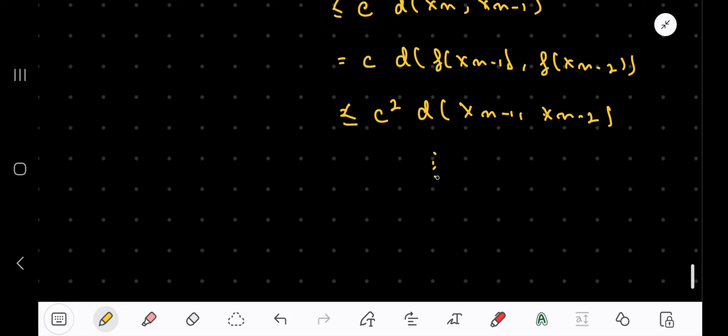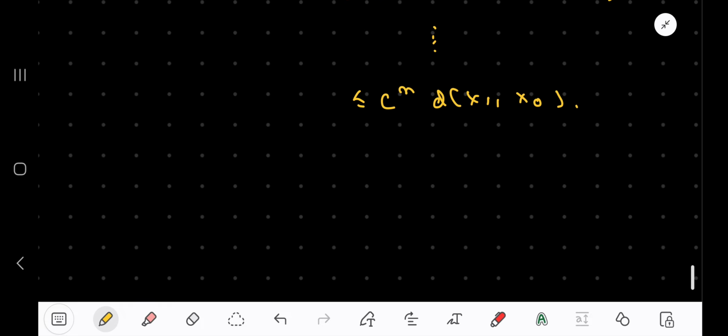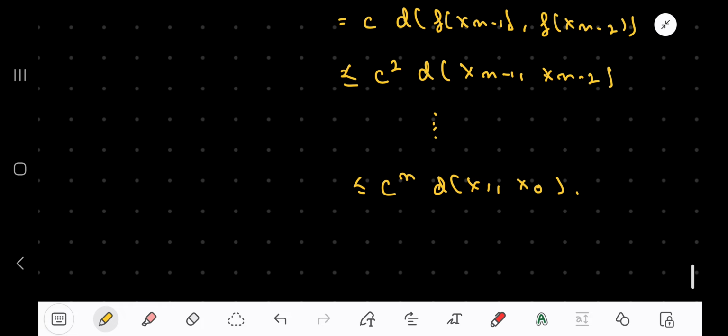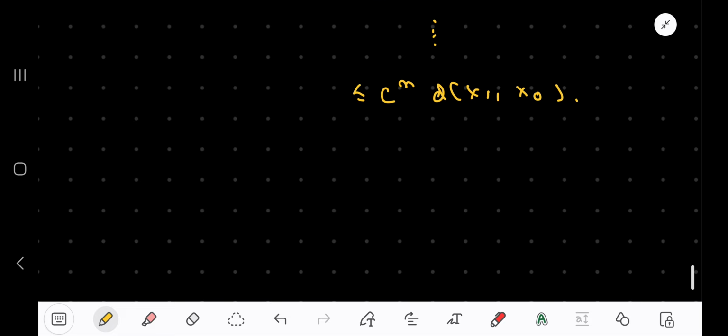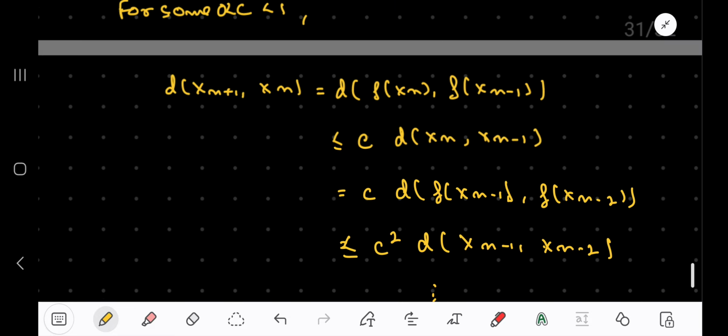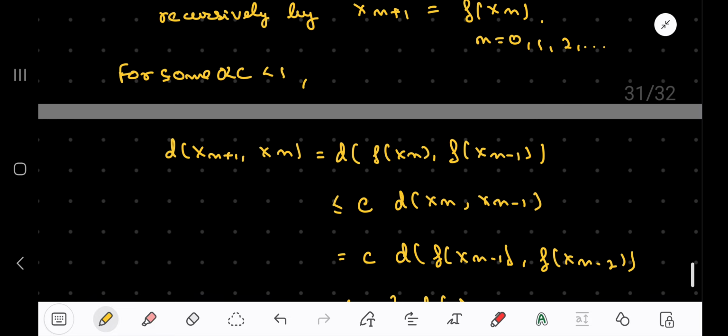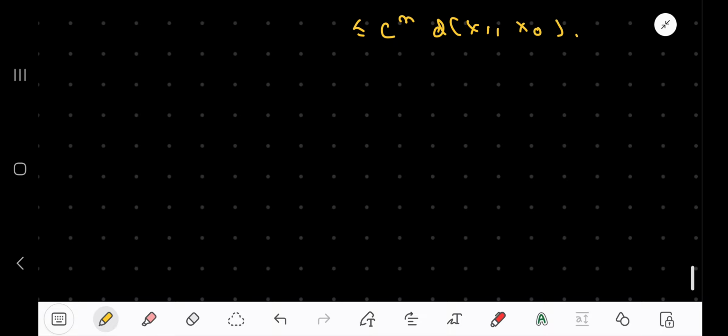If I continue this process, it will eventually be less than or equal to c to the power n times the distance between x_1 and x_0. This is the important fact to observe here. One more thing to observe is that c was strictly between 0 and 1. We need to be clear that we are using every single hypothesis given in the theorem.